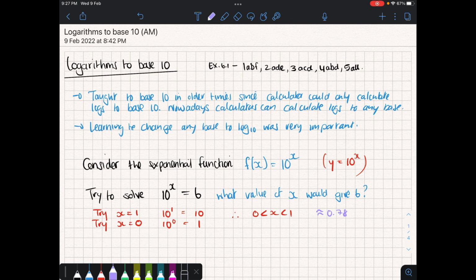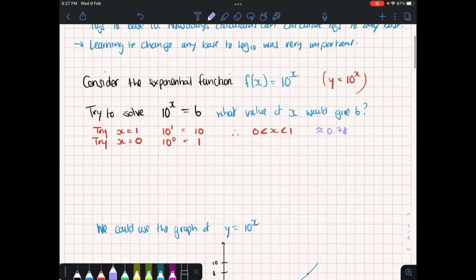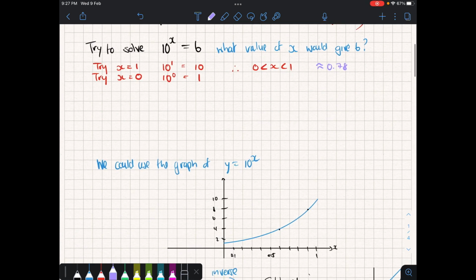Right, another way to try and solve this problem is to think, well, we know what the exponential function looks like. So here's the graph of y equal to 10 to the power of x. It's a standard exponential function. It goes through 1 at the y-axis, right? And the way we usually look at the exponential graph is we'll input x coordinates and it will produce y coordinates.